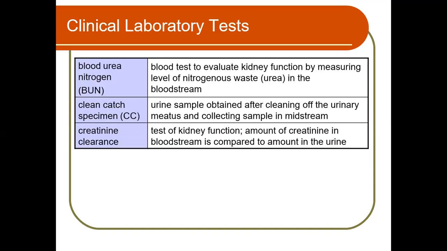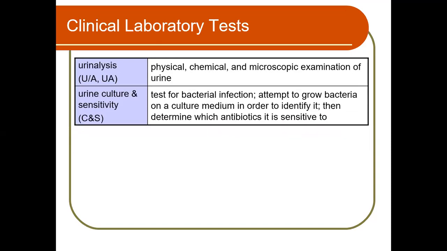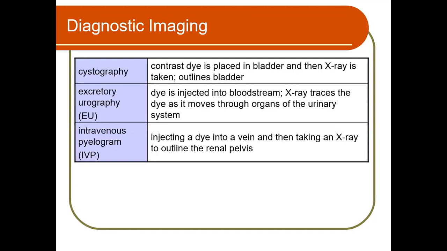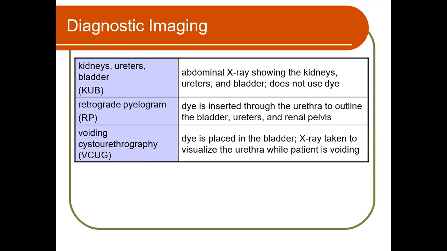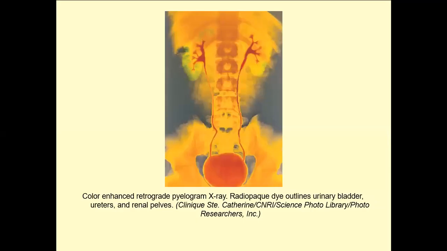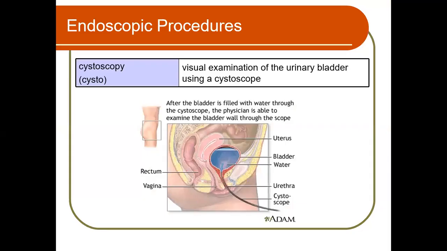BUN, CC clean catch specimen, creatinine clearance, urinalysis, urine culture and sensitivity, which we call urine C&S, and diagnostic imaging are cystography, excretory urography, EU, intravenous pyelogram, kidney ureter bladder KUB X-ray, retrograde pyelogram, voiding cystourethrography, VCUG. These all are the diagnostic investigations which we will go into in next lecture in detail.